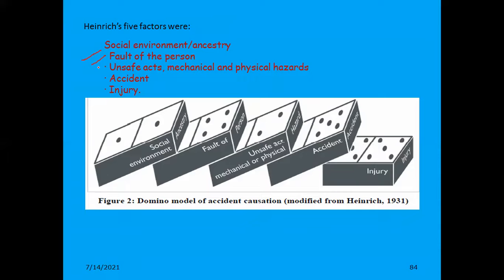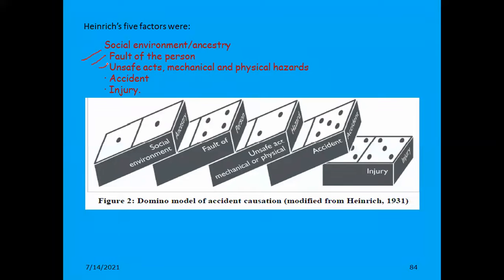The third one is unsafe acts, mechanical and physical hazards. The next one is an accident. The next one is an injury. So these are the 5 important factors where the Hendrick domino has been proposed.